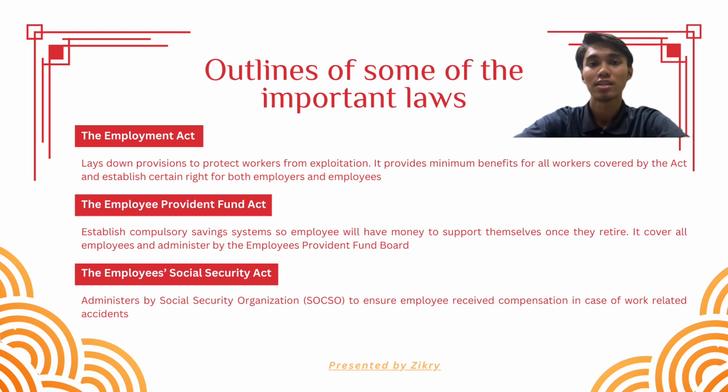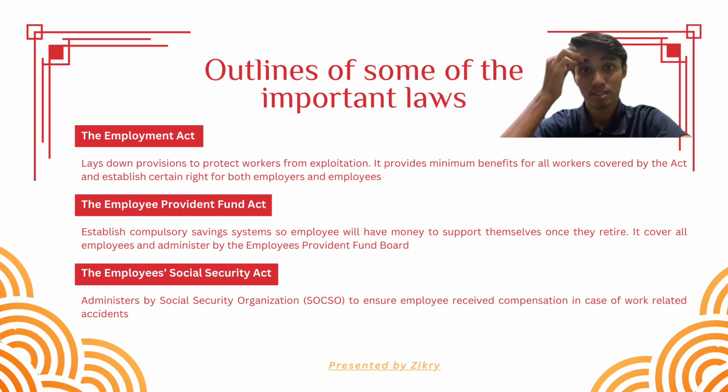So secondly, kita ada the Employees Provident Fund Act, which establishes a compulsory saving system so employees will have money to support themselves once they retire. It covers all employers and is administered by the Employees Provident Fund Board. Lebih kurang macam KWSP.